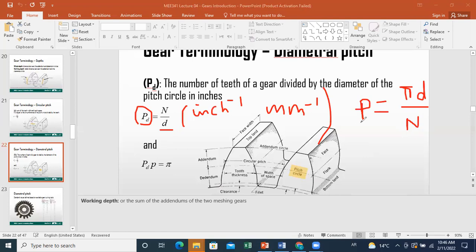From the following definition here, the pitch diameter d can be replaced by n times p over pi.